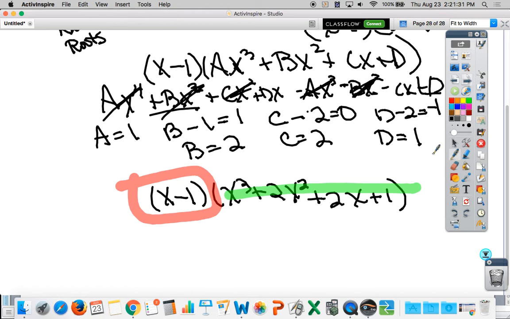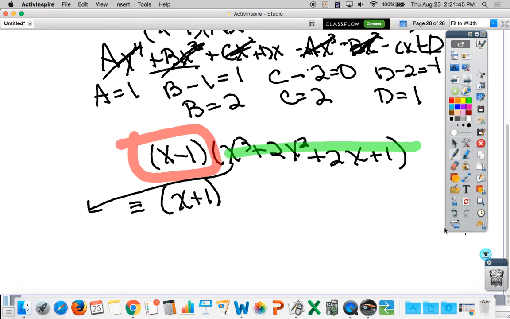Okay, so the next root is negative 1. So how would I make that a factor? X plus 1. Now, what I'm doing is this now becomes the x cubed is the one that becomes the left side. So what do I want to put here?